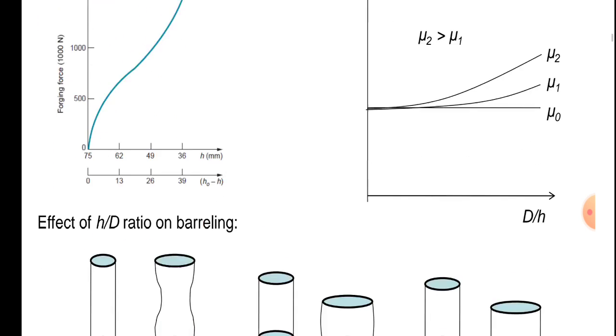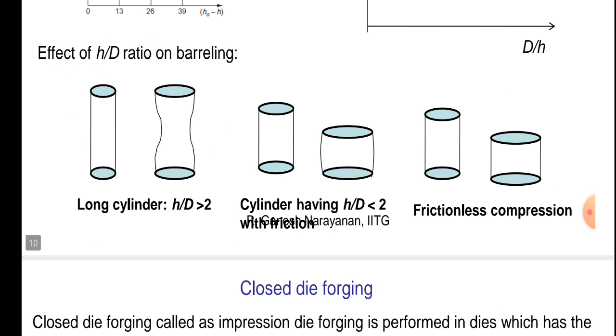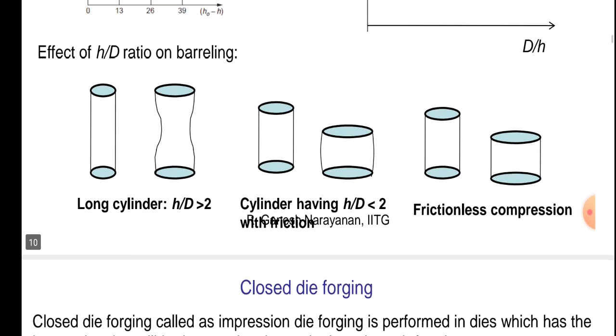For a long cylinder, the height to diameter ratio is greater than 2. For a cylinder having height to diameter ratio less than 2, it is frictionless compression. These are given in the figure.